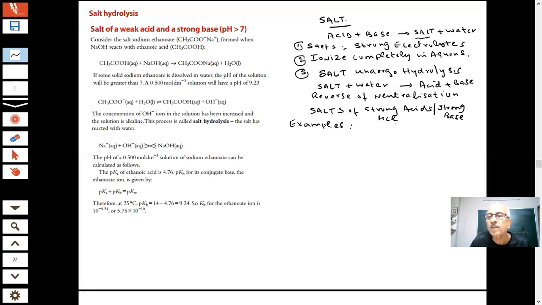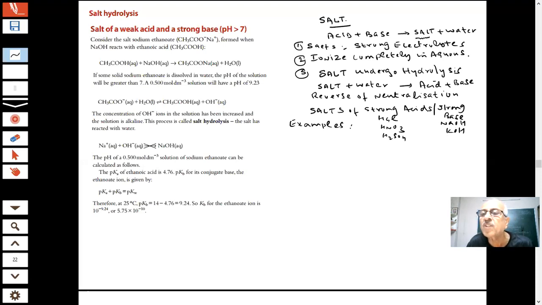HCl is a strong acid. HNO3 is a strong acid. H2SO4 is a strong acid. Then strong base, students. NaOH is a strong base, KOH is a strong base.